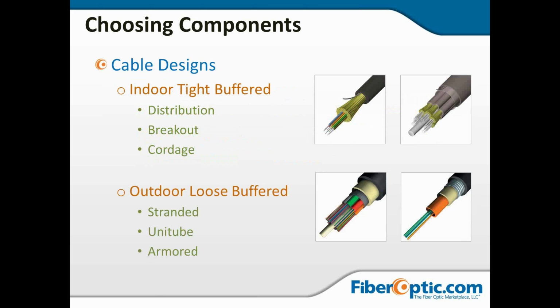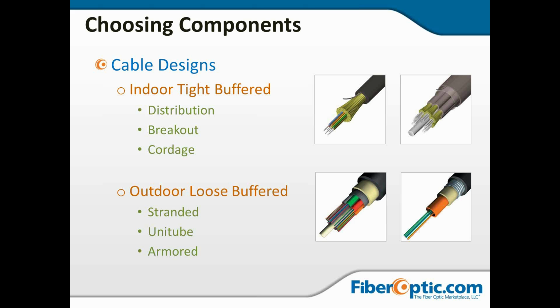So, cable designs. Now we've talked about the hardware components, but now let's talk about how we connect the dots. We've got different types of cable designs. We're talking about how we bundle up the individual fibers. Our indoor cables, as you can see from the top two drawings, are going to be our distribution, breakout, and cord.